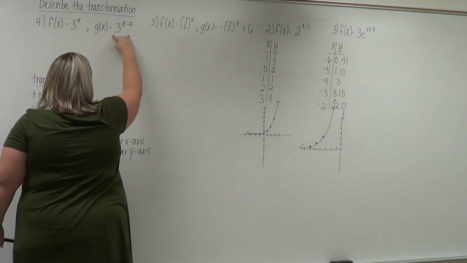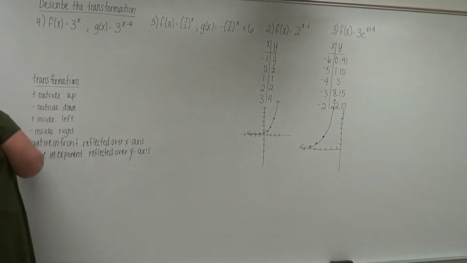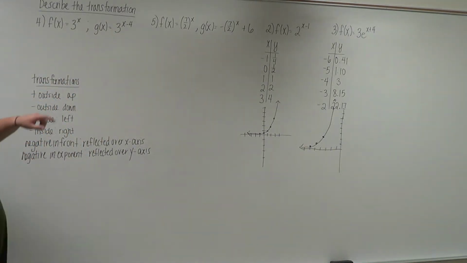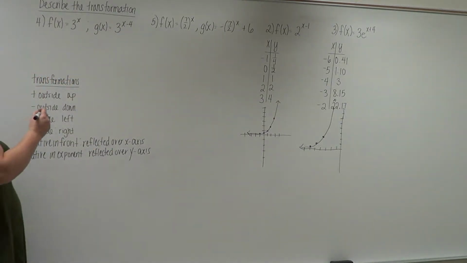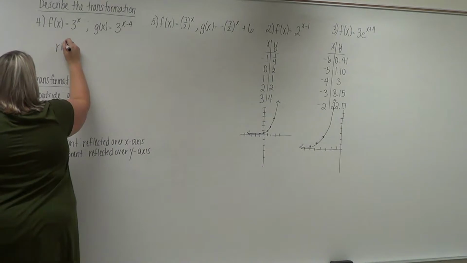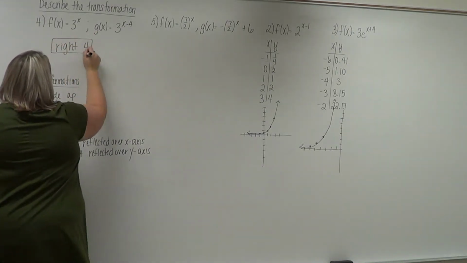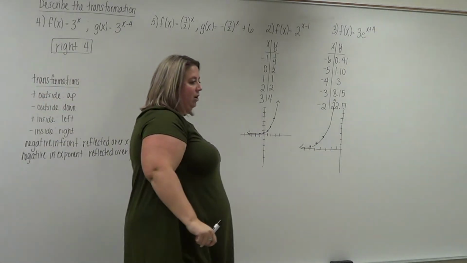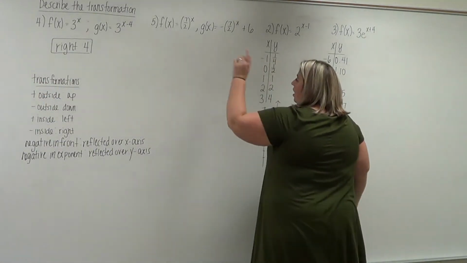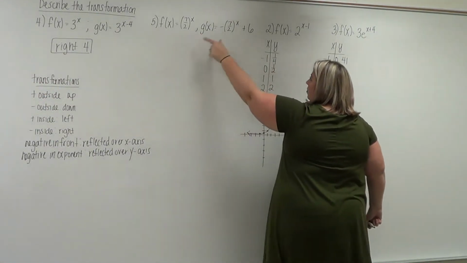What changes from here to here, using these things that you know. Okay, so I have a -4 in the exponent, so what's going to happen to this? It goes right 4. Okay, so you're just describing if F is normal, what changes from F to G?